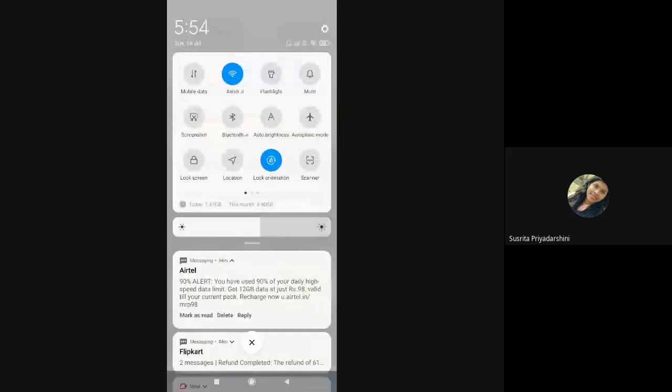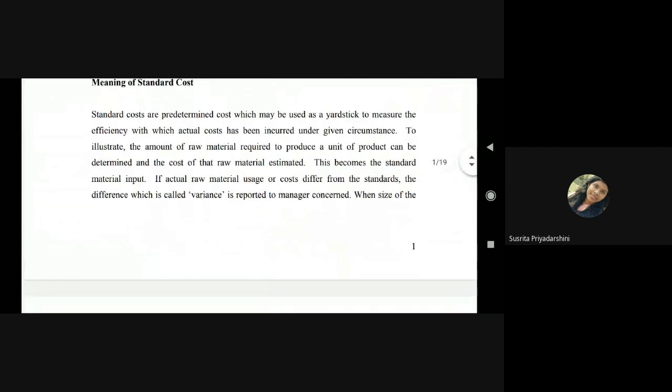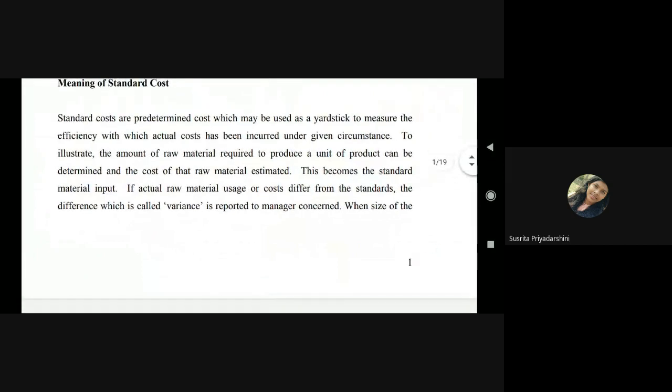So, the meaning of standard cost: standard costs are predetermined costs which may be used as a yardstick to measure the efficiency with which actual cost has been incurred under given circumstances. That means it is a predetermined cost.